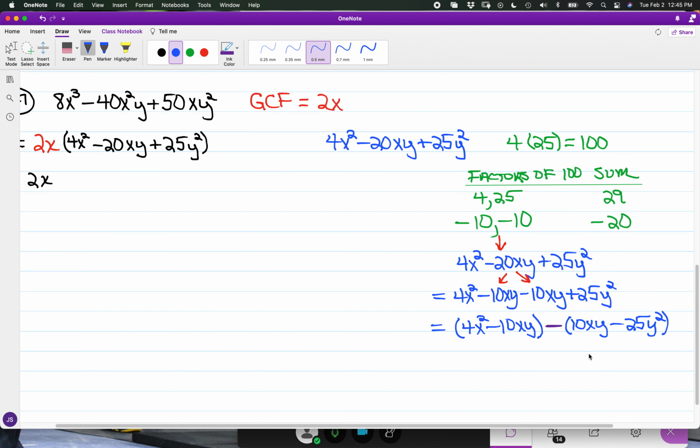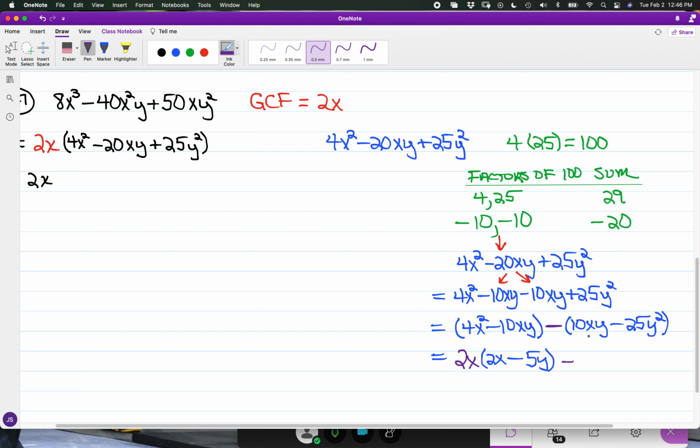In this first set, and then the last two terms, negative 10xy and plus 25y squared, looking at drawing out the greatest common factors, into 4x squared and negative 10xy we have the GCF, which is 2x. And into the first binomial we have 2x minus 5y times, and bring down the subtraction.